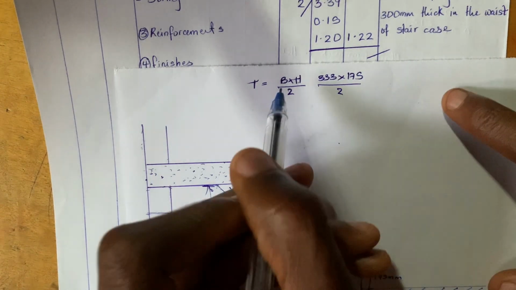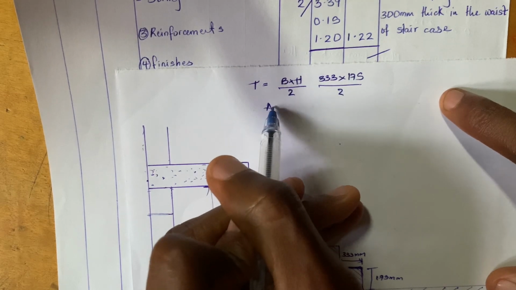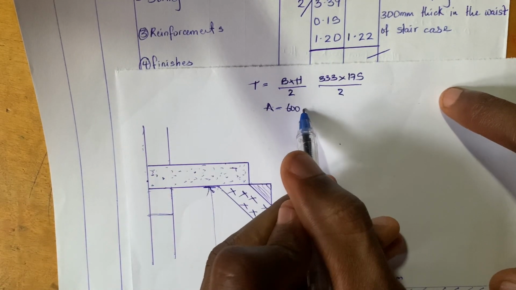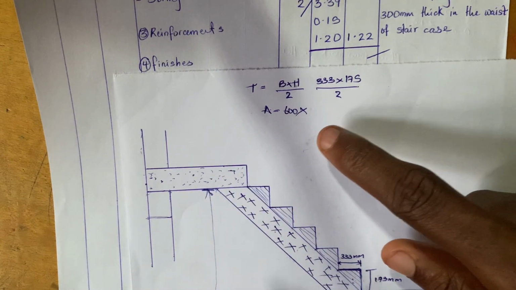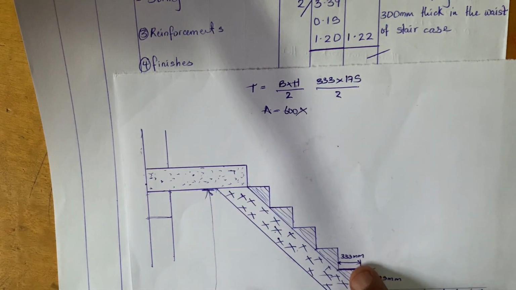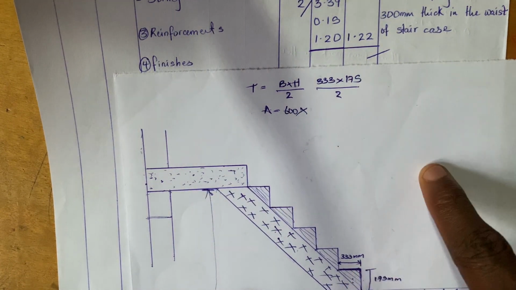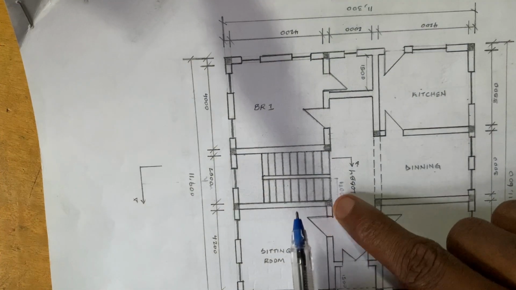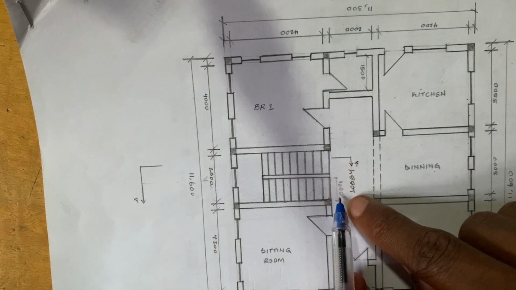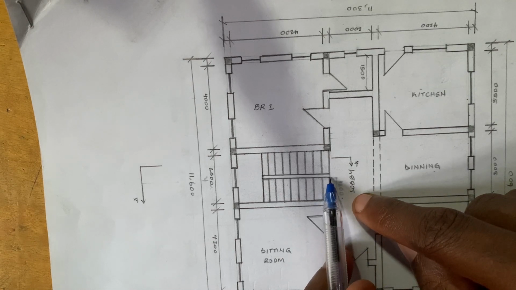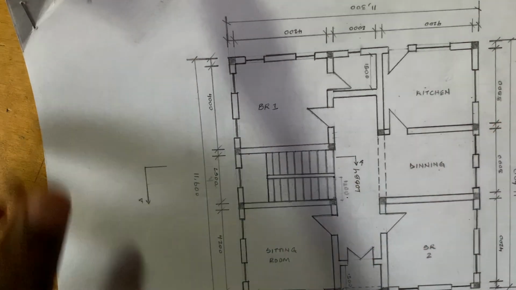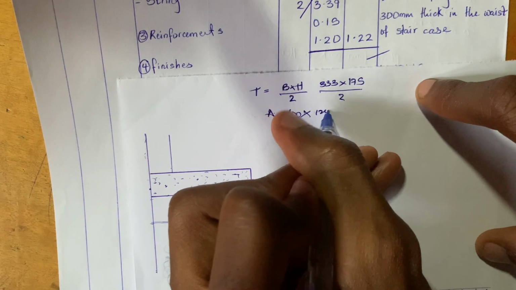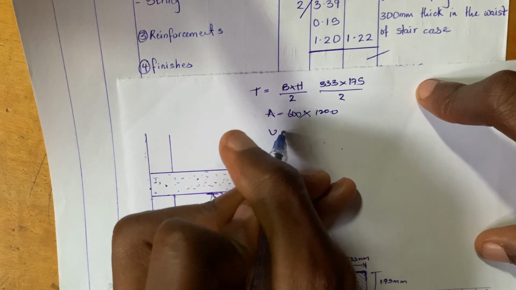If we now multiply, for example, if what we had as our area was, let's say, 600, we can multiply it by another parameter, which is the thickness or the width of this staircase, which here is given as 1200. If we multiply that parameter with this, it will give you your volume.